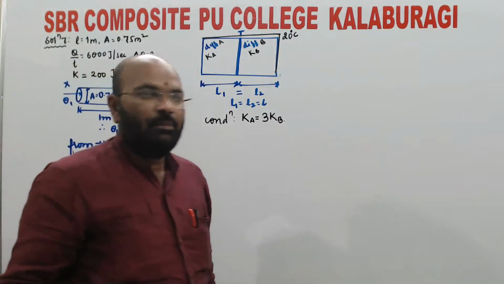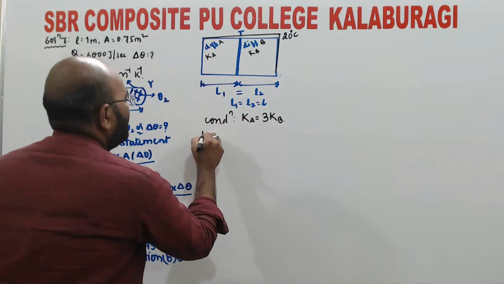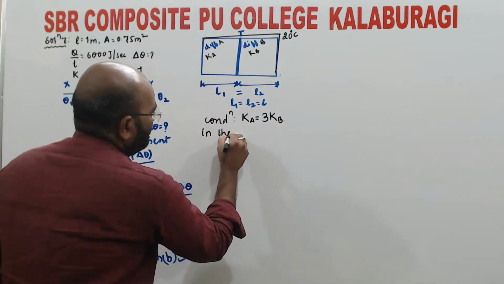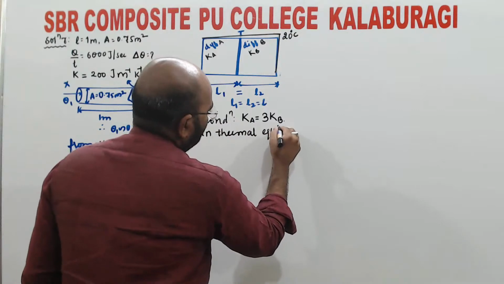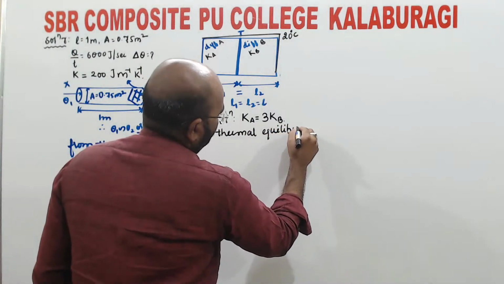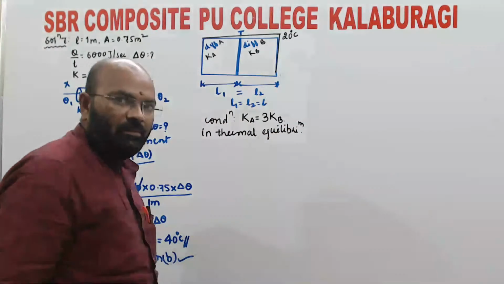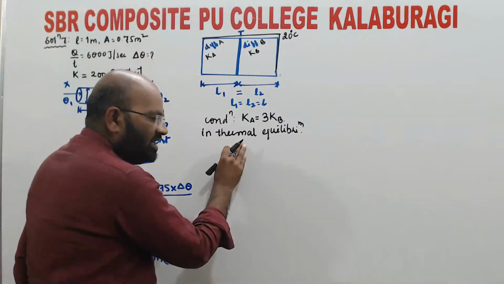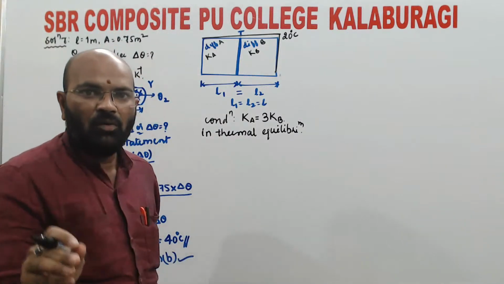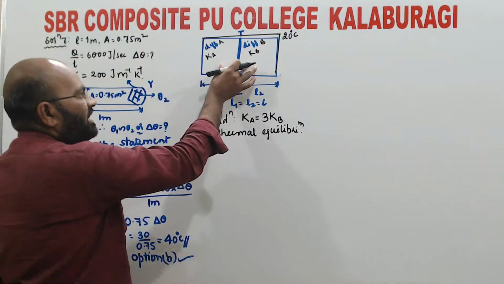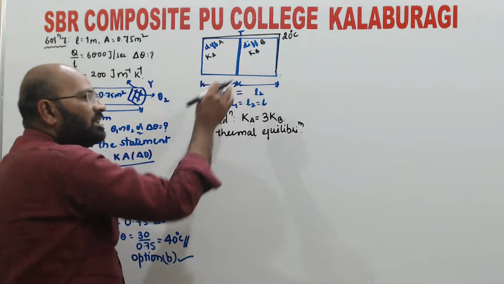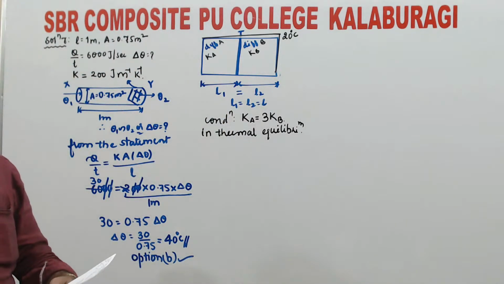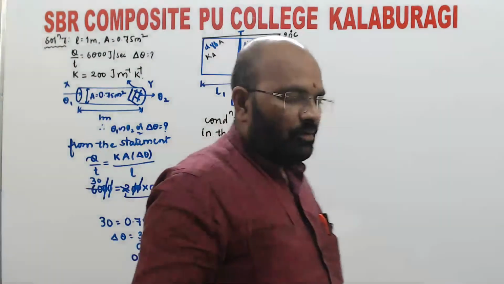In thermal equilibrium, what is thermal equilibrium? Thermal equilibrium is the state in which two bodies are maintained at the same temperature. We know the condition, so what condition do we have to mention?